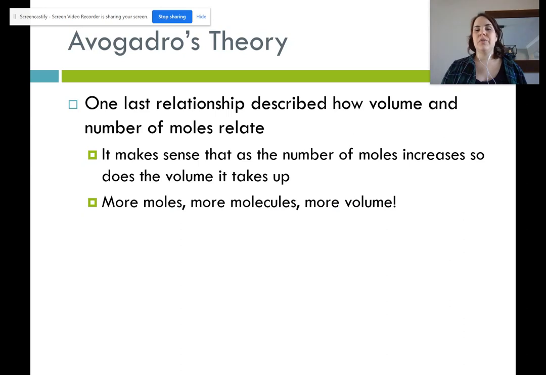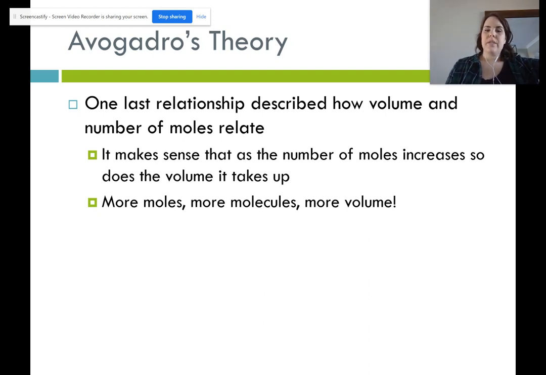Now, one last relationship that we want to talk about is how volume and the number of moles are related. What we need to think about is what's a mole? A mole is telling us how many particles there are of something, right? So it makes sense that if we have more moles of a gas, that gas should take up more space.